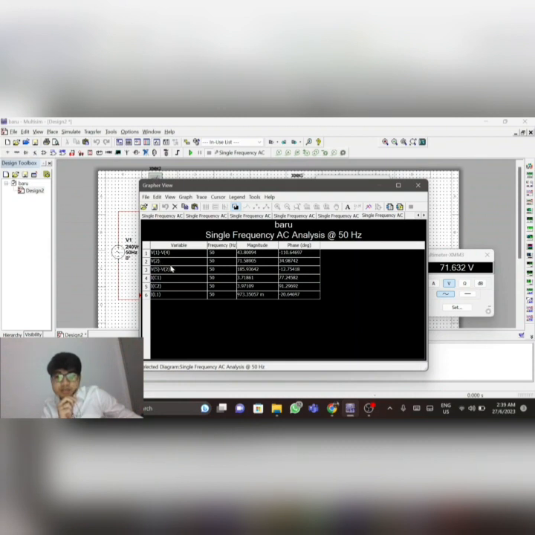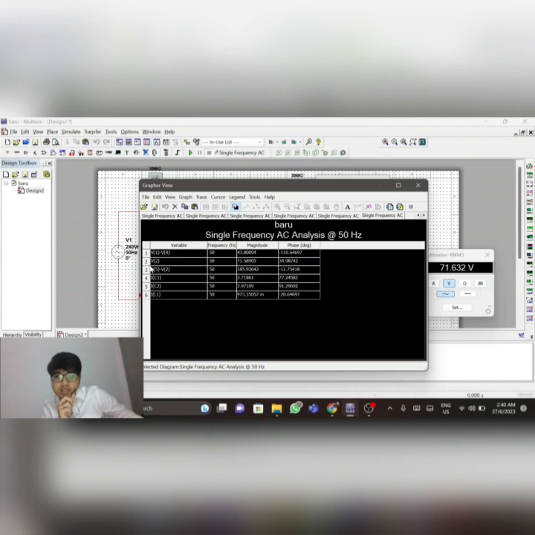Next is V2, the voltage for the load. The magnitude is about 71.58 and the phase is 34.987 in volts. For the load current, the magnitude is about 3.97 and the phase is 91.29 in ampere.